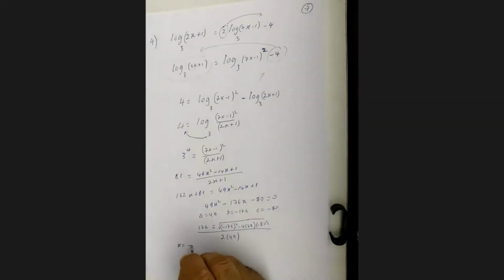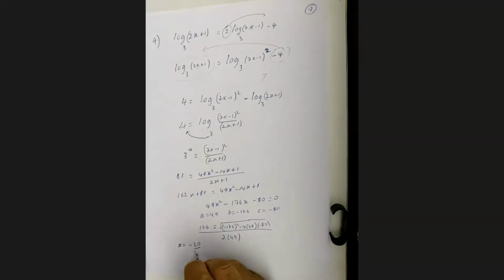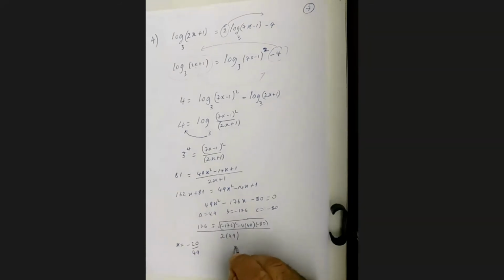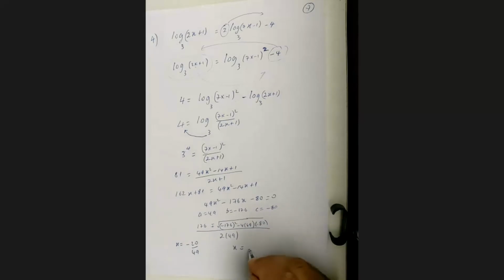One of the answers is minus 20 over 49. And the other answer is, I'm going to change the sign here. The other answer is 4.